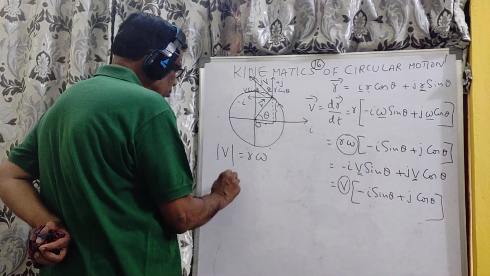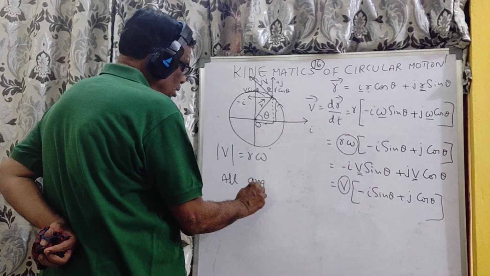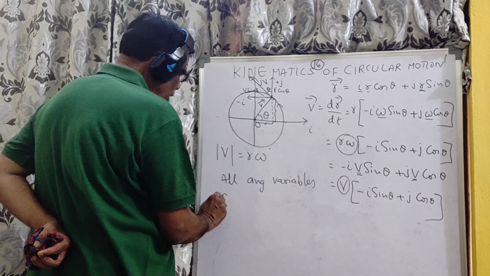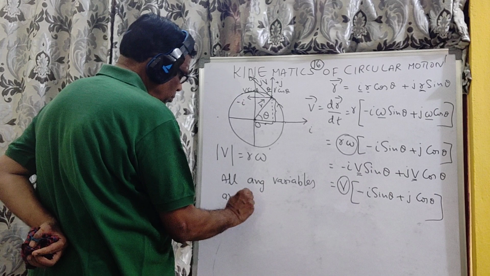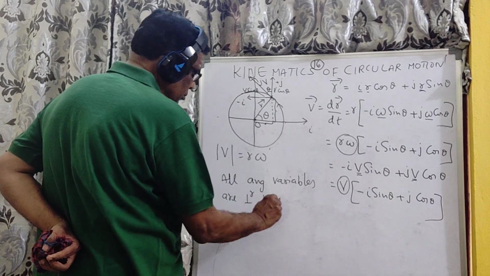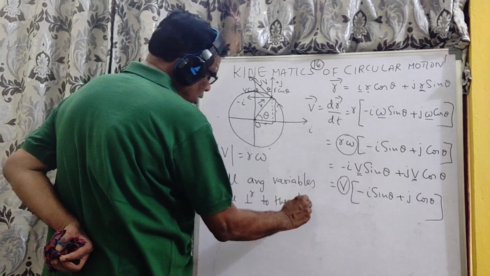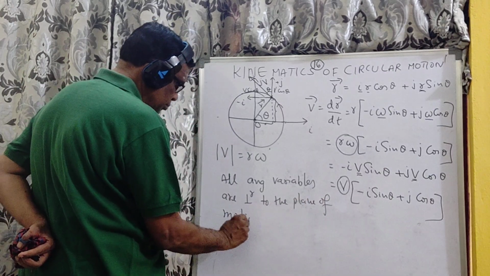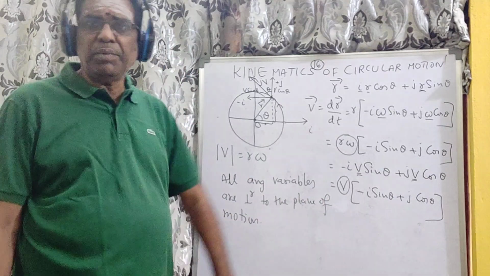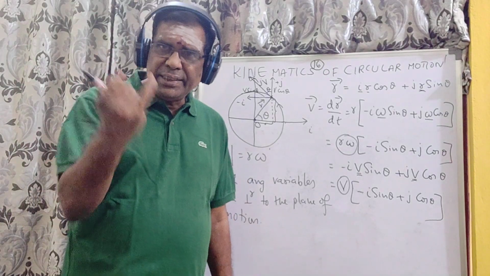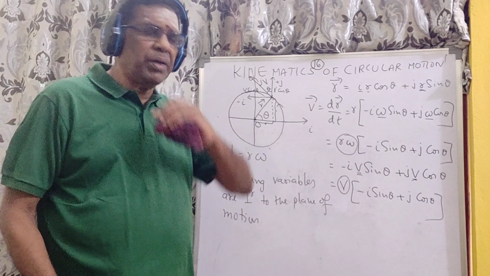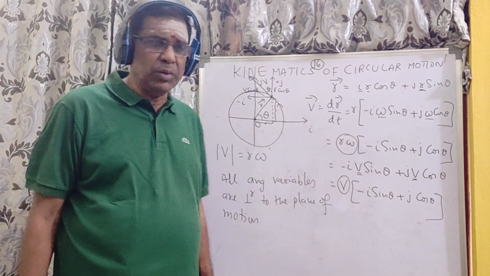All angular variables are perpendicular to the plane of motion. This is important for you. You may take theta, omega, alpha, all are perpendicular to the plane of motion.